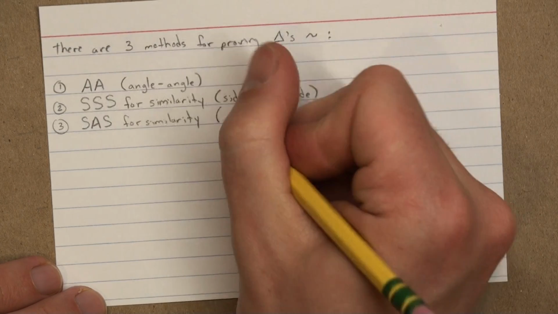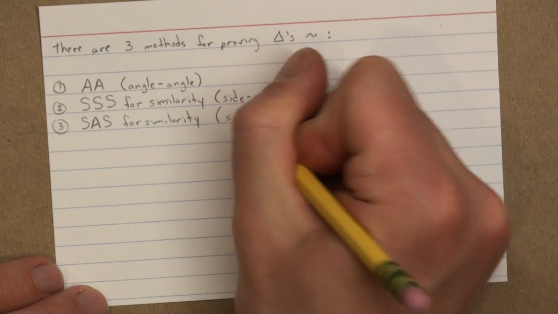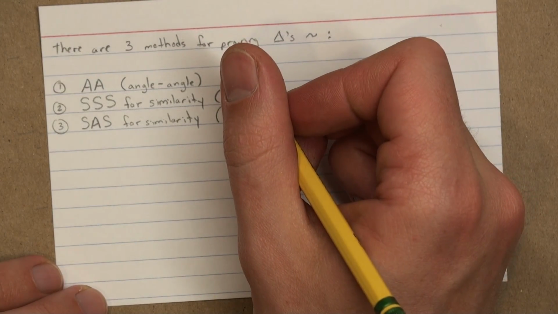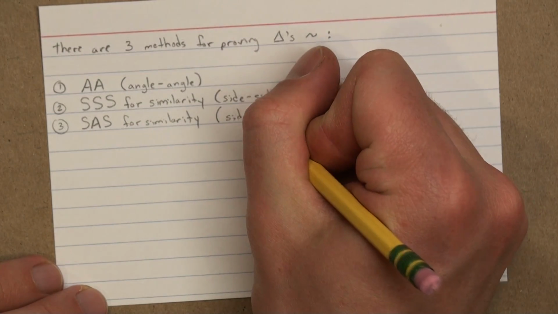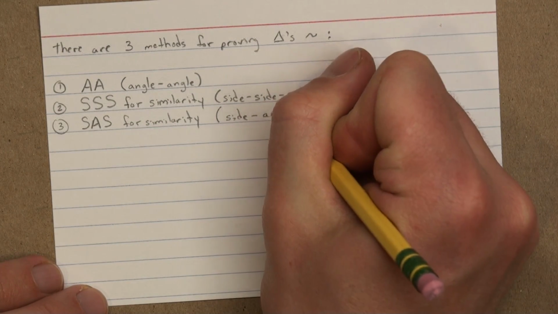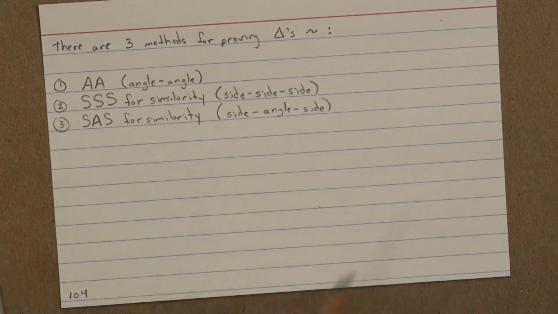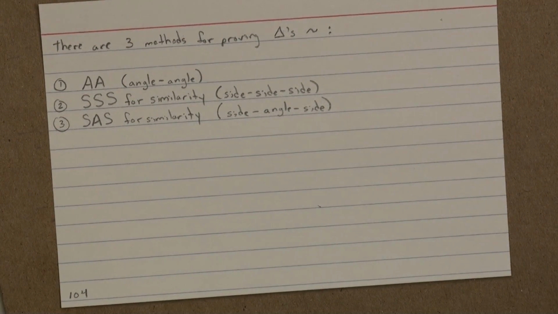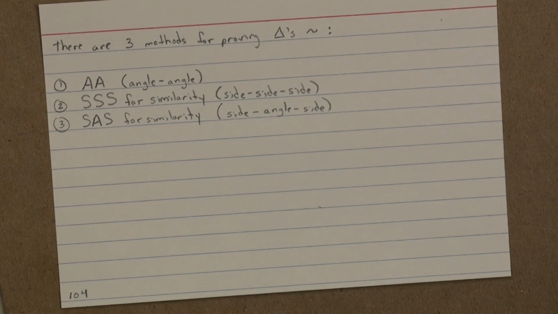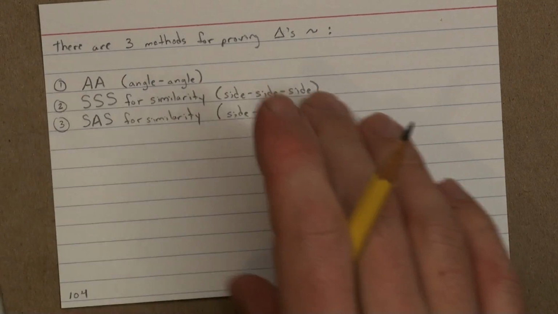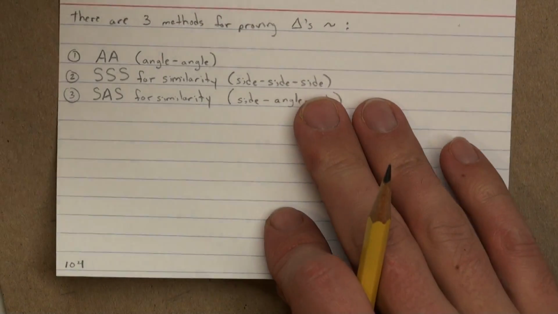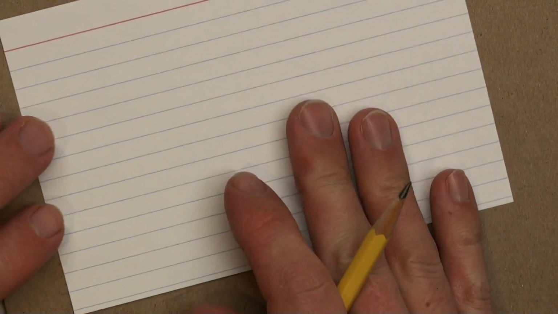And this one obviously is side, angle, side. So those are the 3 methods that we're going to discuss on the next few cards. That's good enough for this card, the introduction to it. Now let's do a card for each method.